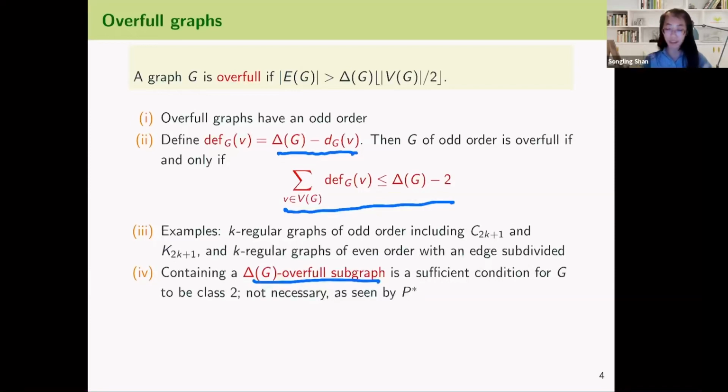So from this, we may ask a question: can we have a characterization of what kind of graphs are such that containing a Δ(G)-overfull subgraph is both a sufficient and necessary condition for the graph to be class 2?